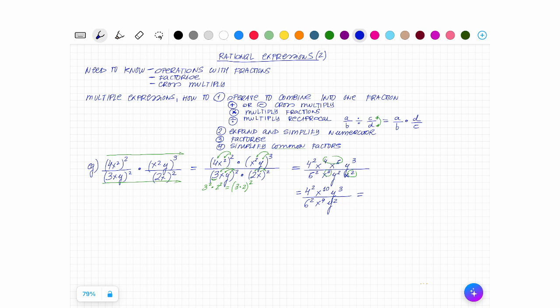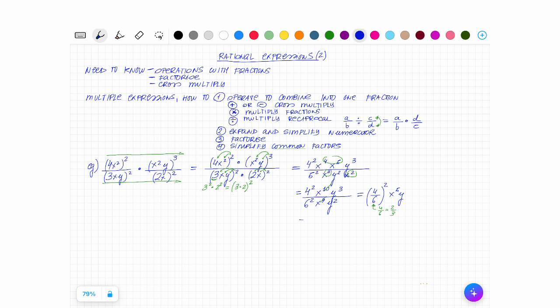I'm going to bring the fraction in here, 4 over 6 squared, and then for the x I'm going to subtract exponents. Remember, these ones cancel, and the same with the y, and I'm left with that. So now I can just look at the fraction. This fraction here, if I simplify it, is 2/3.